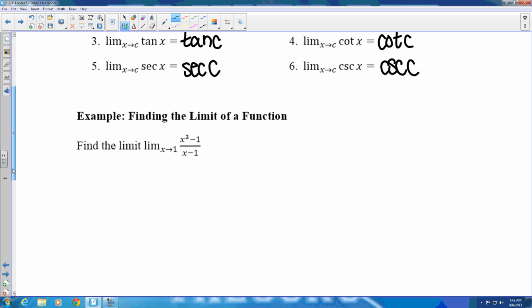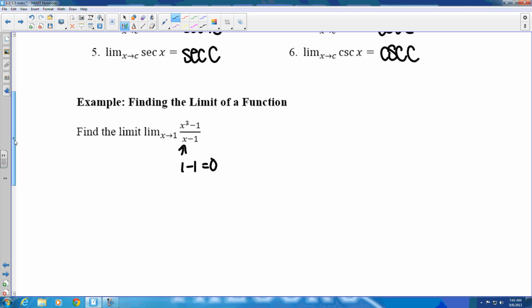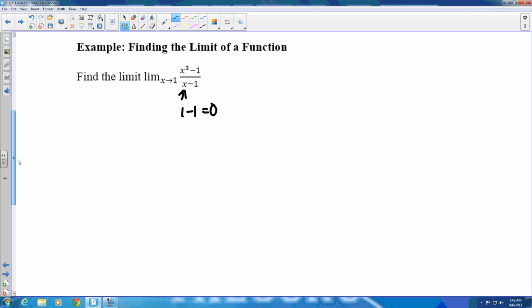Okay, let's say we're trying to find the limit of a function, but if we just plug the 1 in, we're going to end up with a 0 on the bottom, and we cannot have a 0 on the bottom. So what we need to do is figure out if we can factor anything. Now when you're factoring, just keep in mind that whatever's on the bottom, in this case x minus 1, is going to be one of your factors on top, otherwise this is a pretty useless process.